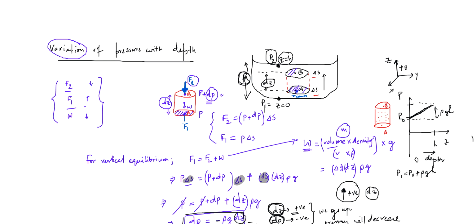If I take this to be the y-axis, y is equal to mx plus c, and x is this. So c should be P0, and m is equal to rho g. So the slope will be rho g.